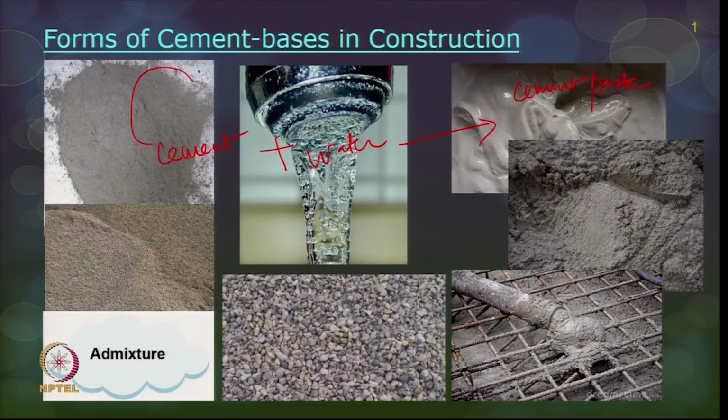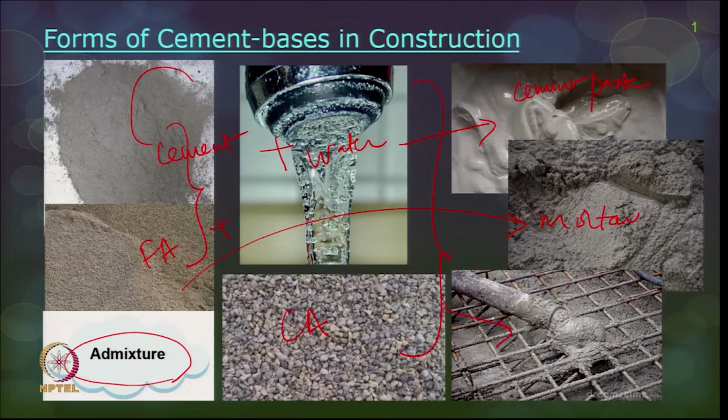Cement plus fine aggregate plus water, when mixed, is called mortar, which is used for brick masonry construction and again serves as a binder. Then cement, fine aggregate, coarse aggregate and a little admixture wherever required, with all this combination you get what is called concrete. This concrete is what we are going to see in today's class.